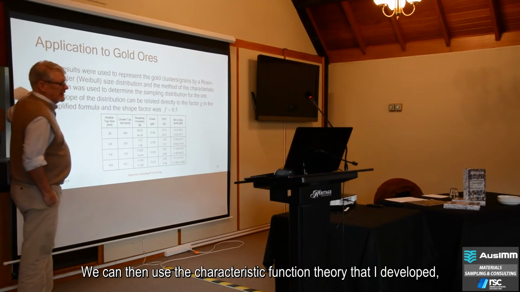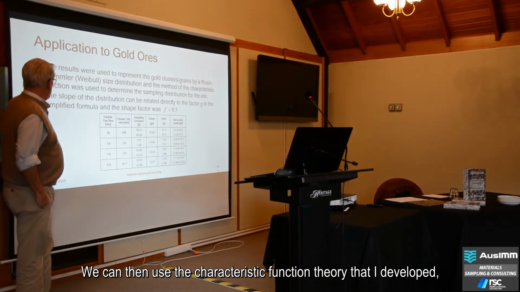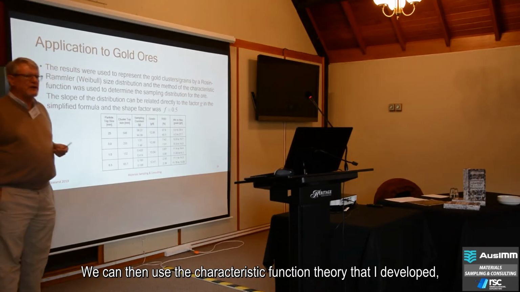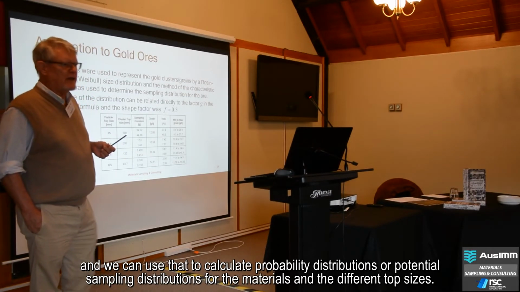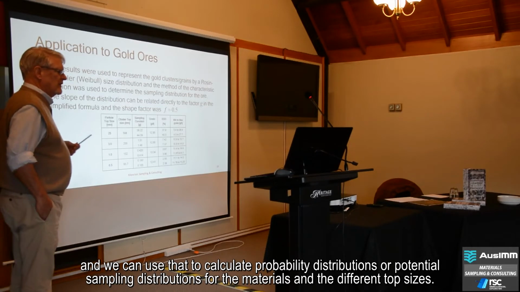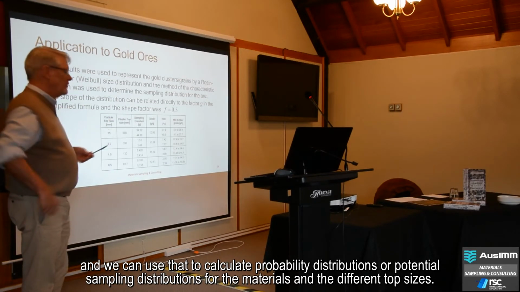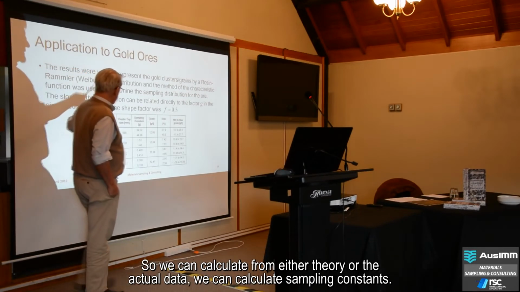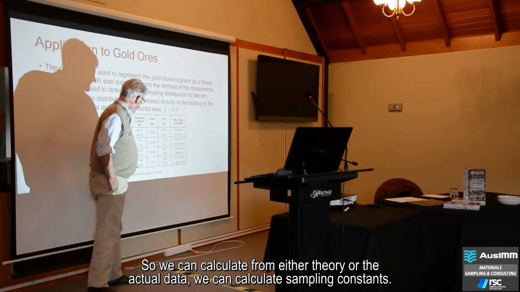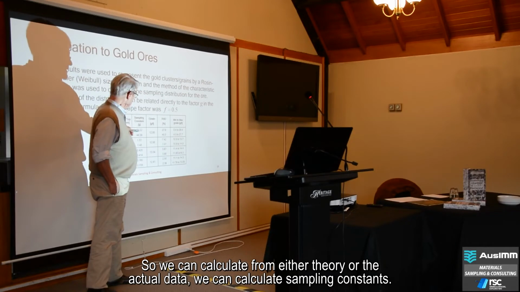We can then use the characteristic function theory that I developed to calculate probability distributions, or potential sampling distributions, for the materials at the different top sizes. So we can calculate sampling constants from either theory or the actual data.